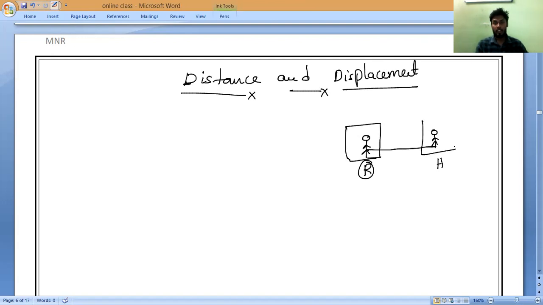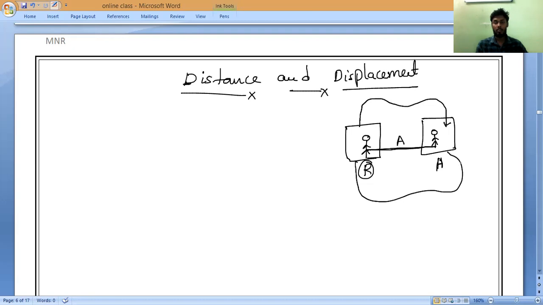In the first case, he traveled a straight road between their houses and reached. This is the first path. Let me take this as path 1. Next, the second time, he went this way and reached Hari's home. The third time, he went this way.